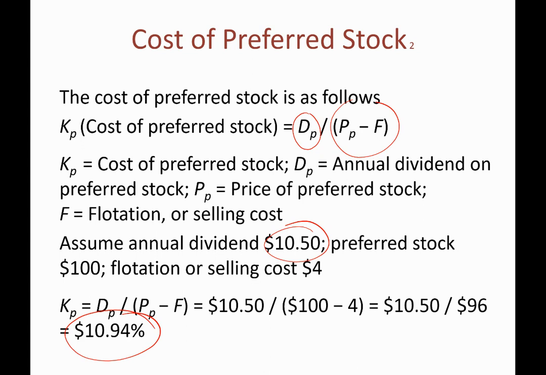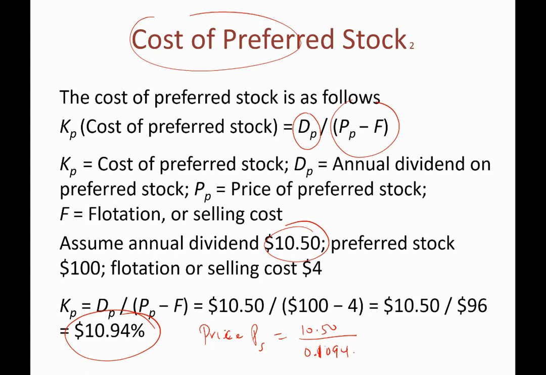So in this case, we're trying to determine the cost of capital. But if somebody asked you to determine the price of this preferred stock, then you take the dividend, which is 10.50, and divide it by the return, which is 0.1094.